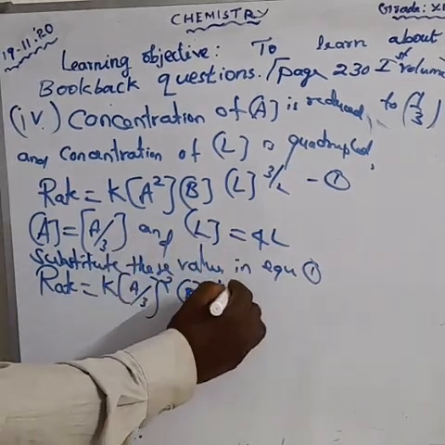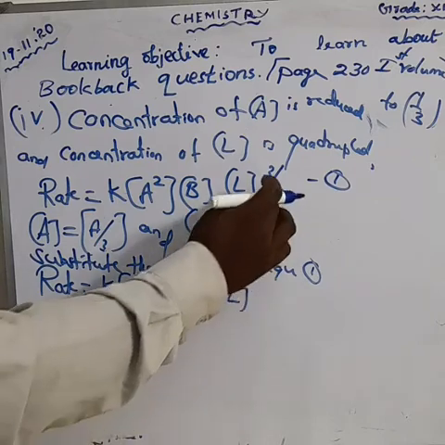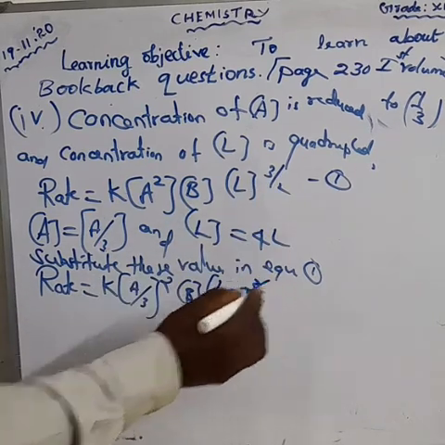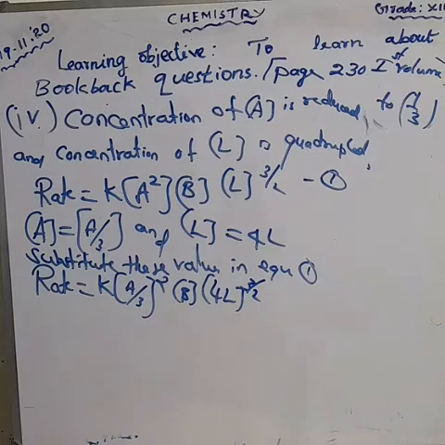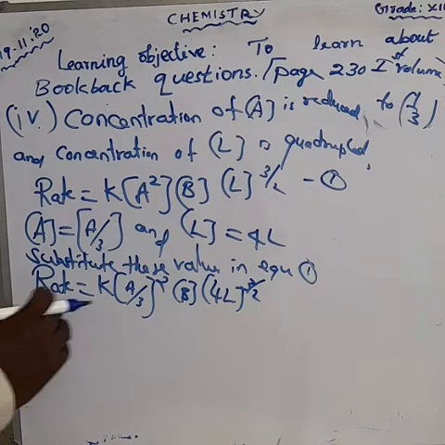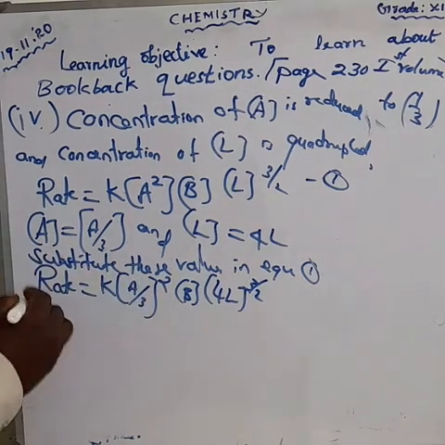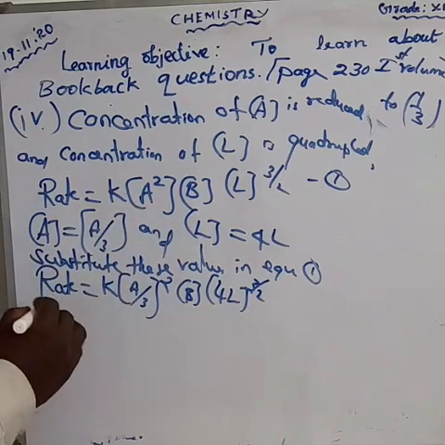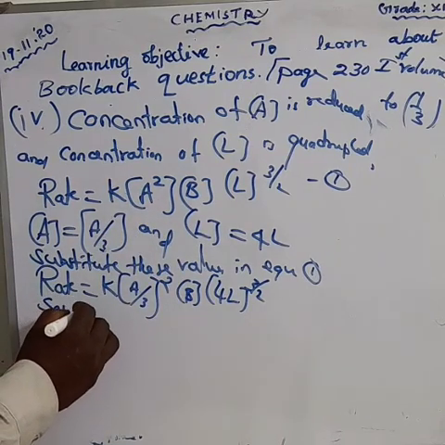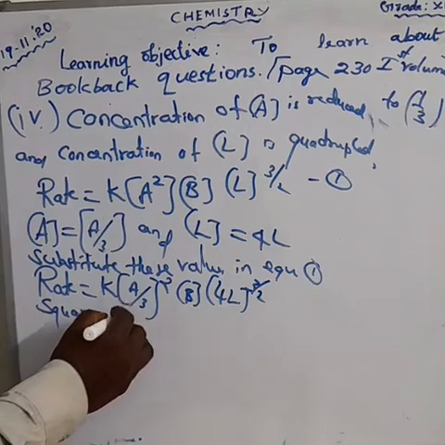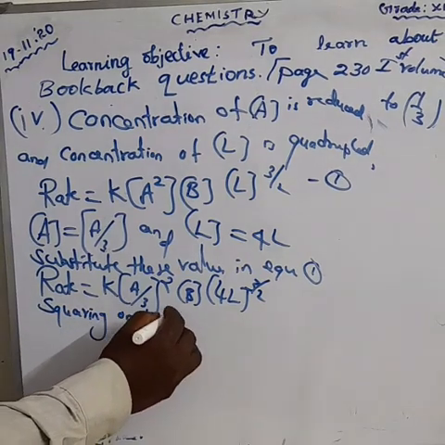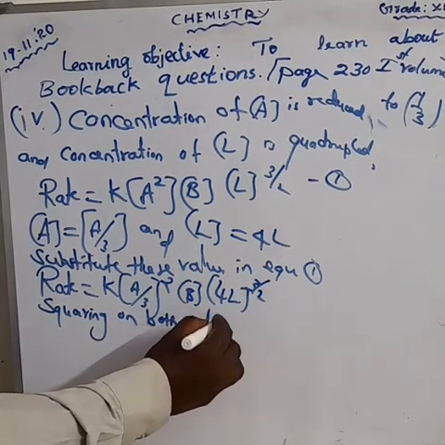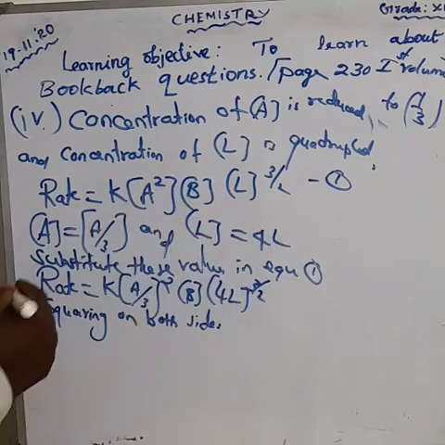So 4L as per the formula 3 by 2. Here also you should take the squaring on both sides.